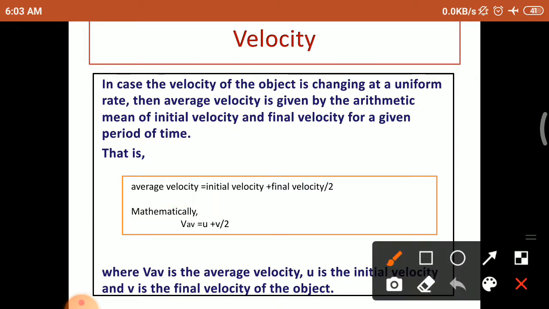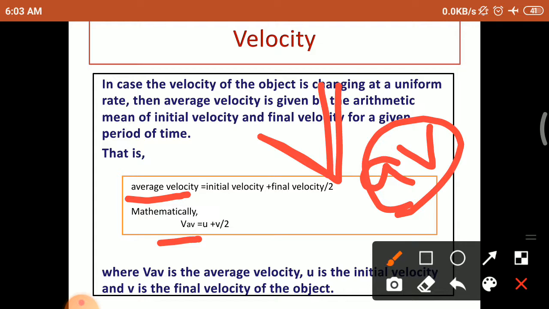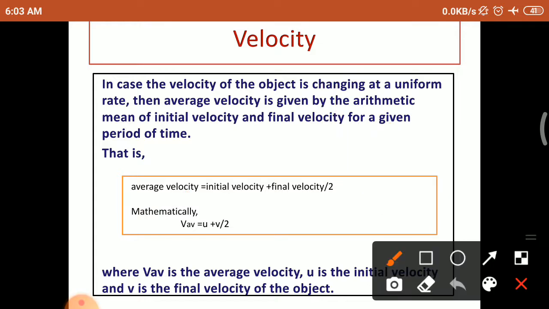The average velocity is represented by V_av. The initial velocity is U and the final velocity is V. So the average velocity V_av equals (U plus V) by 2.